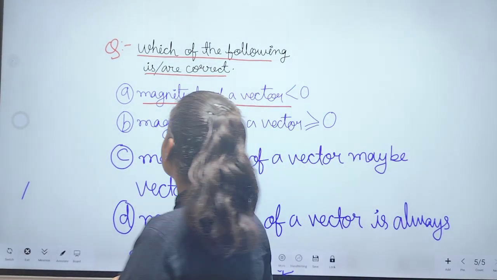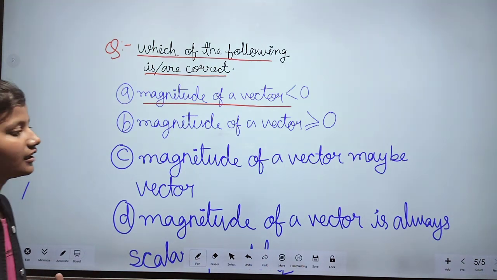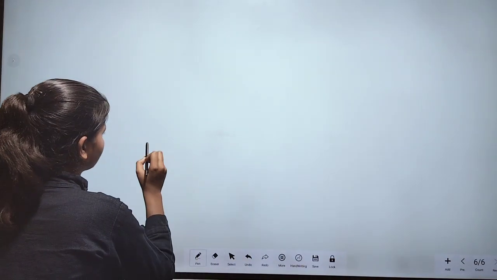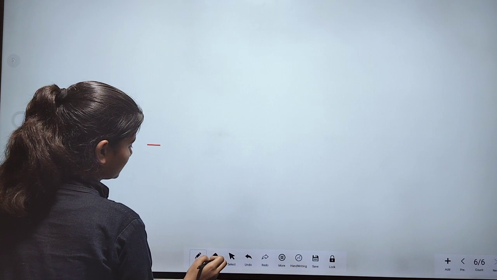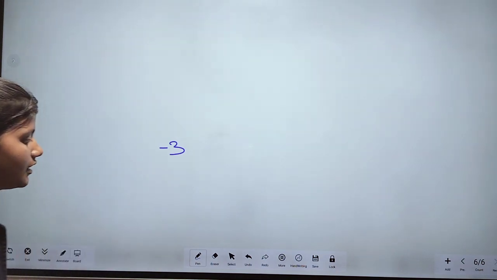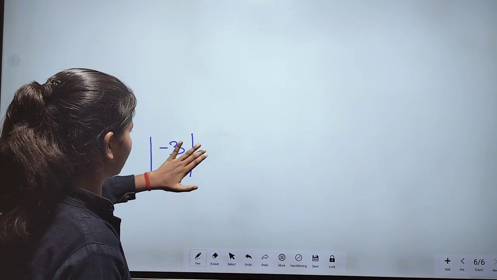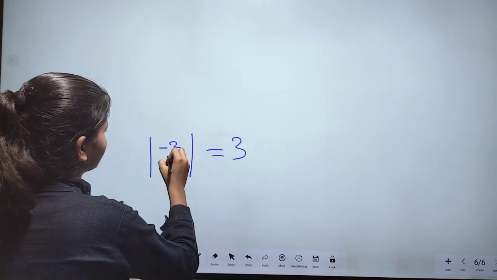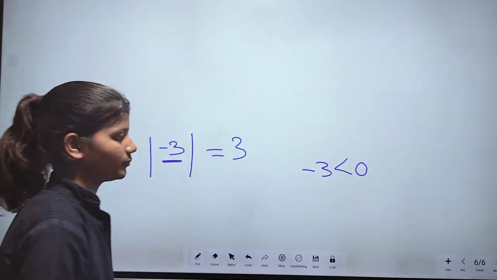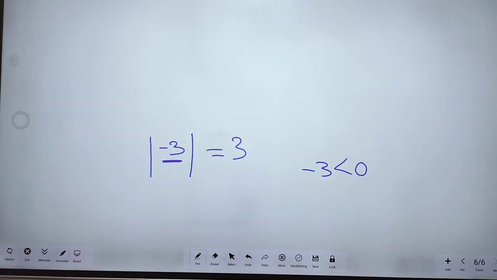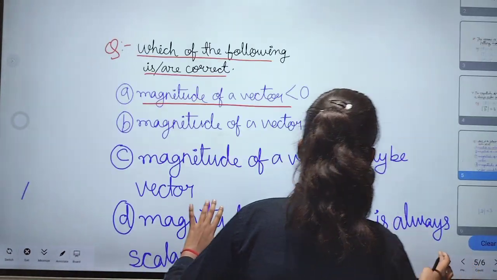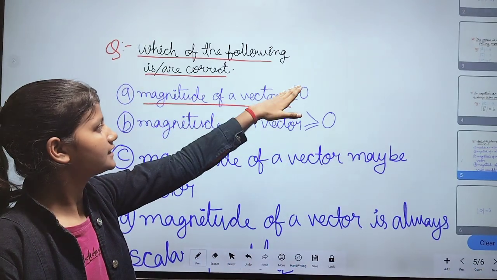No. Why? Because for the magnitude of a vector, suppose that we have -3, but if we put modulus, then we get 3. -3 is less than 0, but the question says the magnitude of a vector is less than 0.